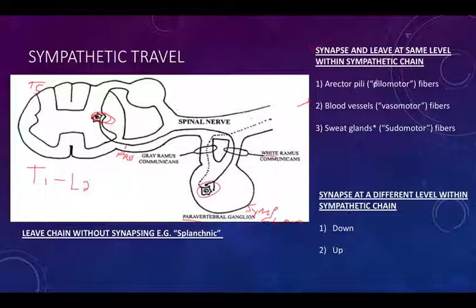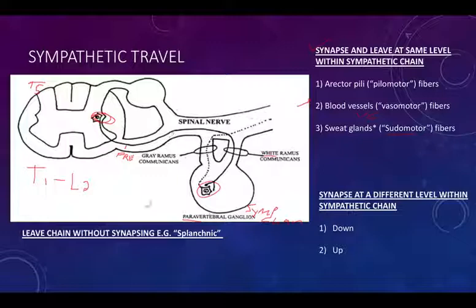It can go to the erector pili, like when you get goosebumps on your skin. It can go to the blood vessels, usually called vasomotor fibers, usually causing vasoconstriction. Or it can go to the sweat glands, and these are called pseudomotor fibers.